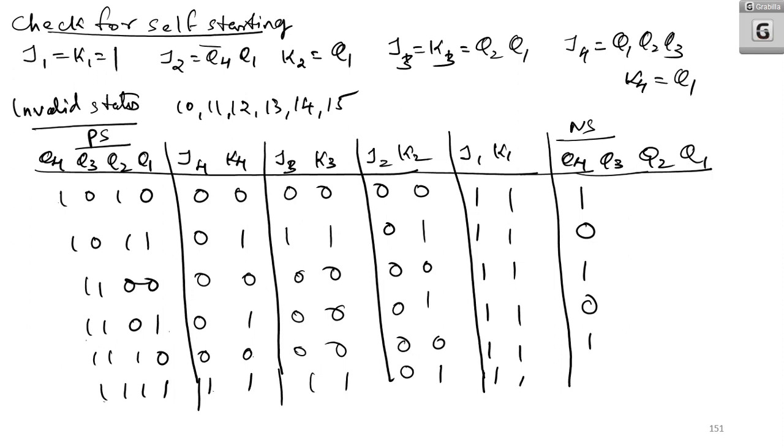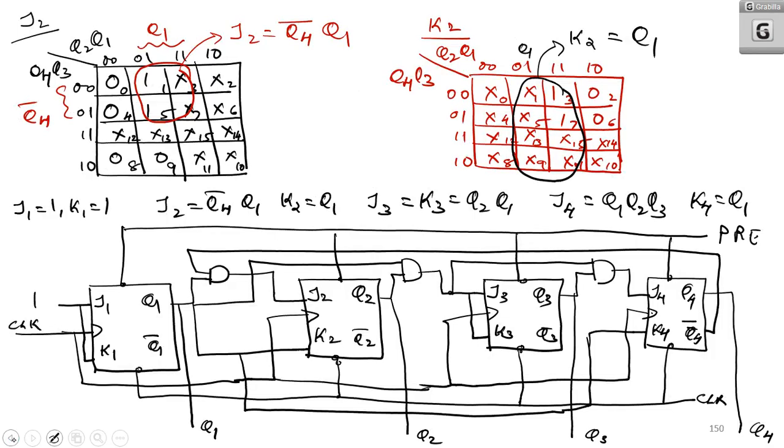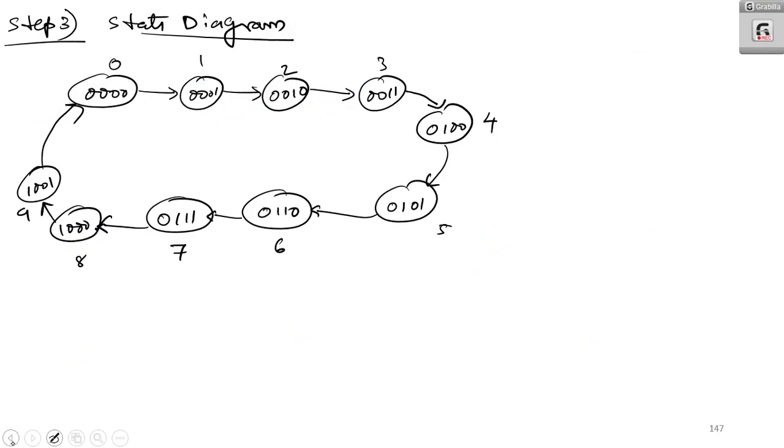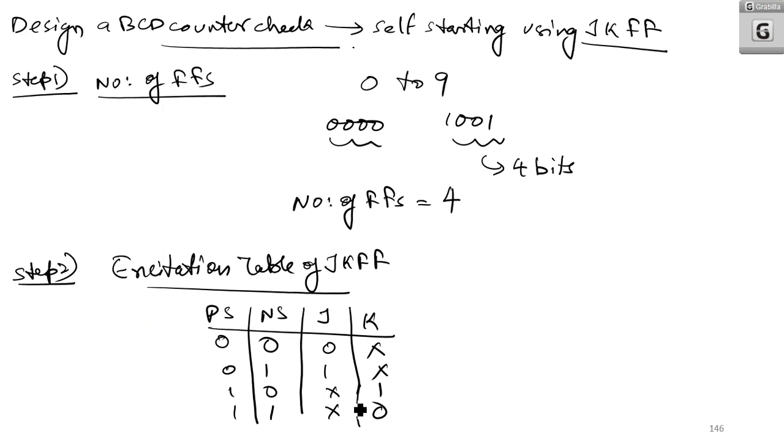If it is 1, 1, what happens? Oh, sorry. Yeah, J4, K4 is 1, 1. What happens? Let me check. If J4 and K4 both are 1, and present state is 1, you can make next state as 1, no problem.